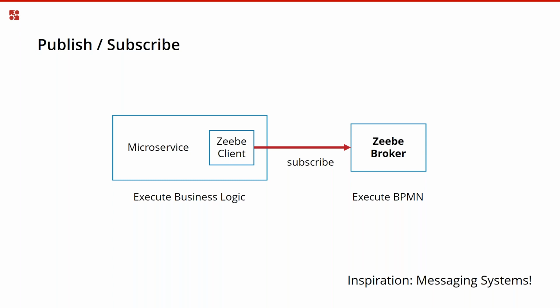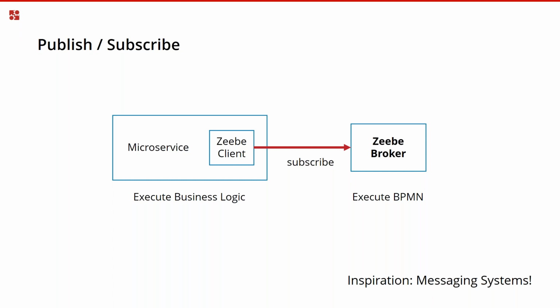This protocol is very efficient. It's non-blocking in both ways. There's a lot of pipelining happening. And it also embeds the back pressure protocol to make sure that, since the broker pushes out the tasks to the clients, the broker does not overwhelm the clients with too many tasks.